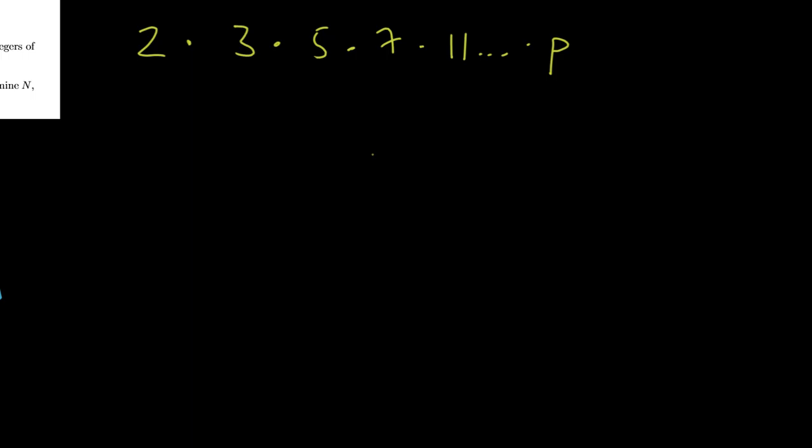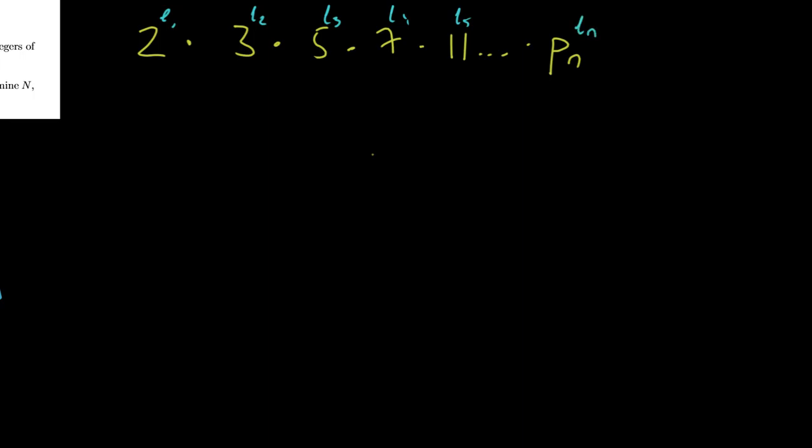They're all going to be to some powers. How will we denote the powers? I don't know, L. So let's say L1, L2, L3, L4, L5. You get the idea. And then Ln. That's denoting the problem.